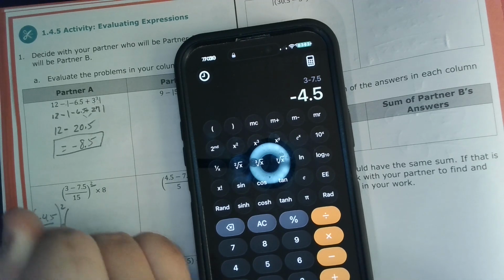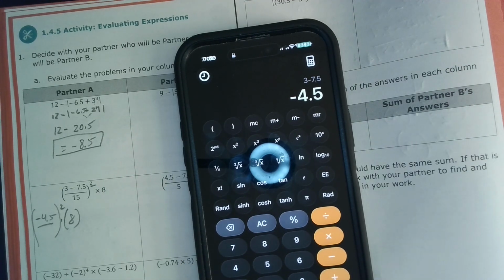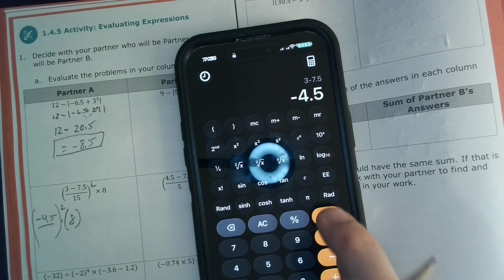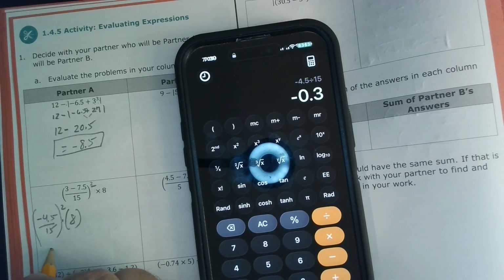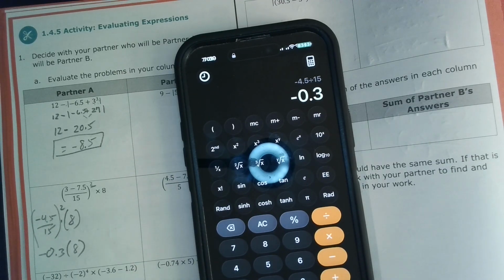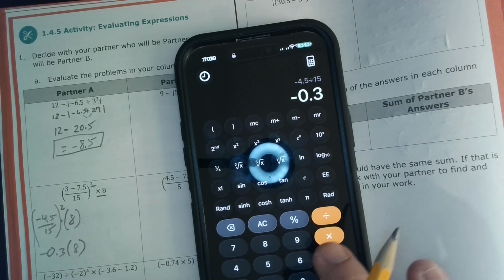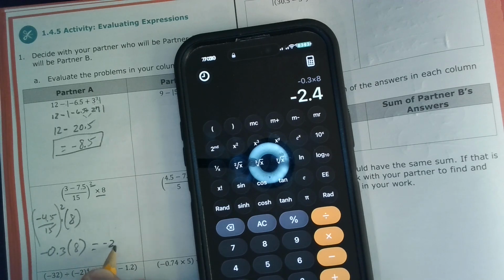And I'm going to write that 8 beside it. But we're not going to need it because we're going to go divided by 15, because it was 15. So that actually becomes negative 0.3. Now we're going to multiply that by 8, because this is times 8 and it just came along for the ride. So times 8, your answer is negative 2.4 here.